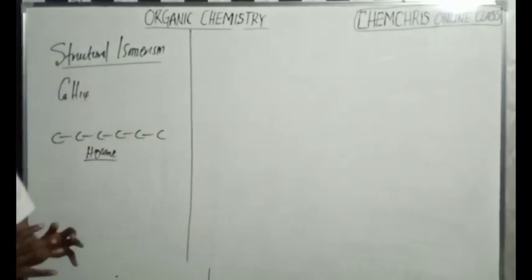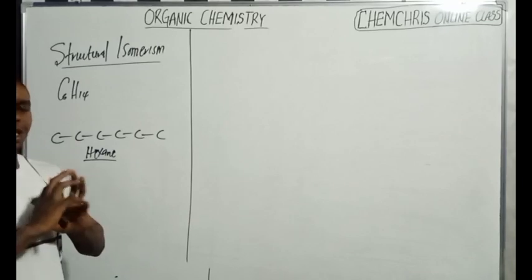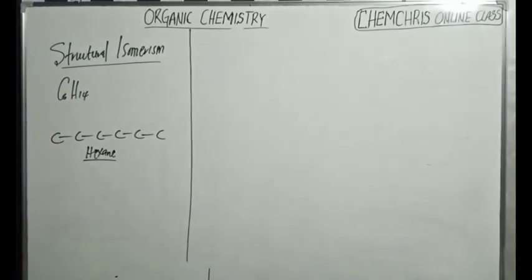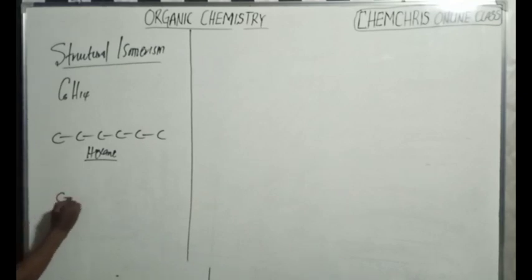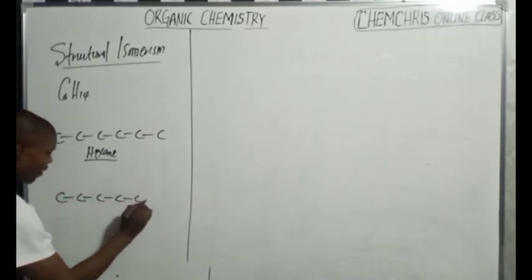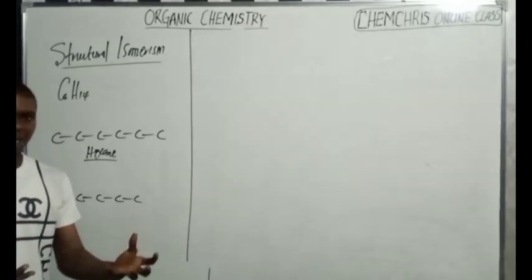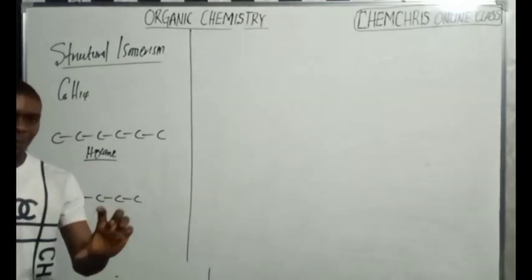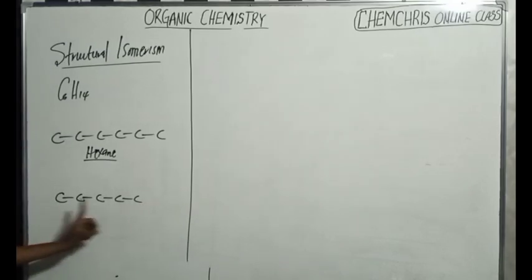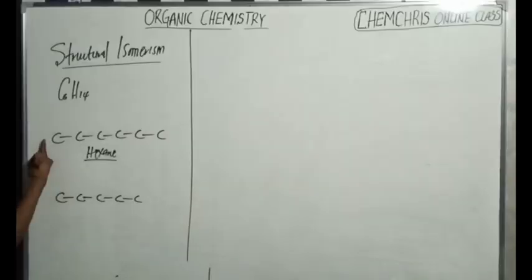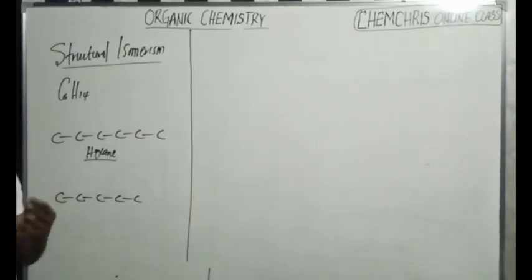Now let's reduce the chain to a 5 carbon chain. So if I reduce to 5, you have 1, 2, 3, 4, 5, right? Now remember I told you that when you're placing the remaining carbon, ignore this side and this side. You understand? Because if you place it here, you get back to the same structure. Place it here, you also get this one, right? So now there are two options where I can place the one carbon atom.